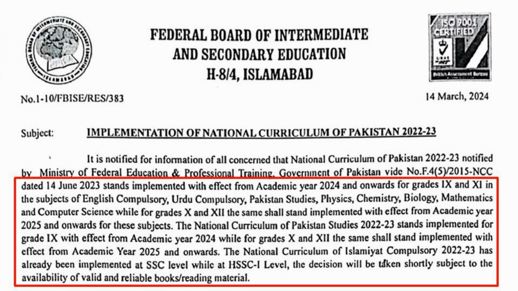In this notification, it is clearly mentioned that National Curriculum of Pakistan 2022 and 2023 will stand implemented with effect from academic year 2024 and onward for grades 9th and 1st year in the subjects of English compulsory, Urdu compulsory, Pakistan studies, physics, chemistry, biology, mathematics and computer science, while for grade 10th and 2nd year the same shall stand implemented with effect from academic year 2025 and onward for these subjects.